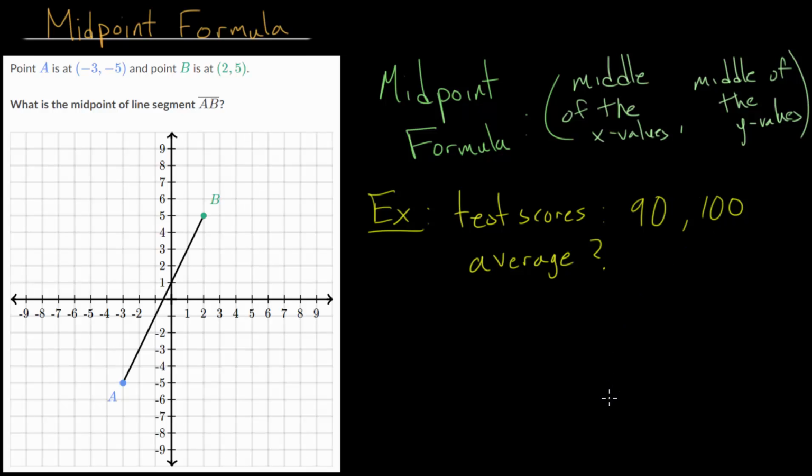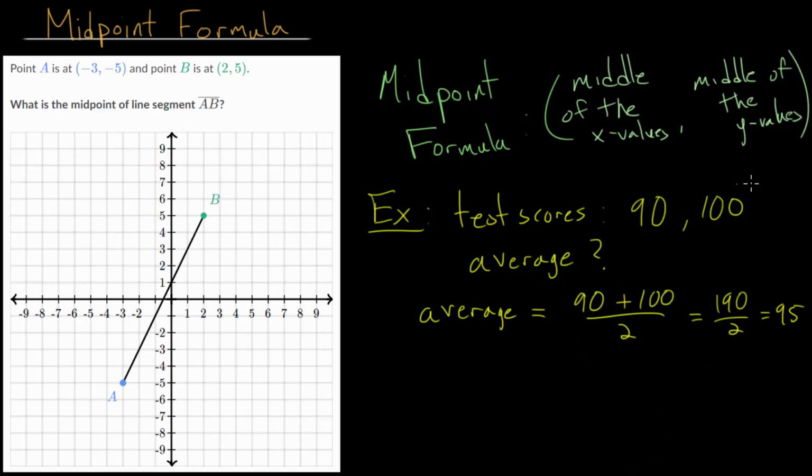But we want a process for finding that number when it's not so obvious. And to find the average of two numbers, the general idea is that you want to add them together and then divide by 2. So this will always give you the middle of the two numbers. So you get 190 over 2, and you can see that's 95.